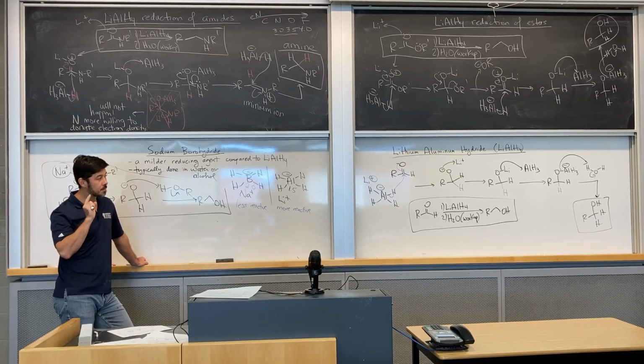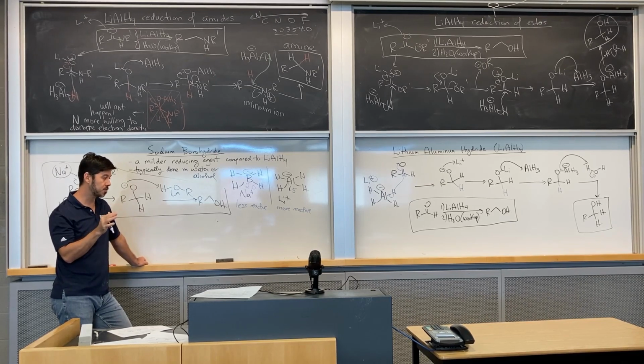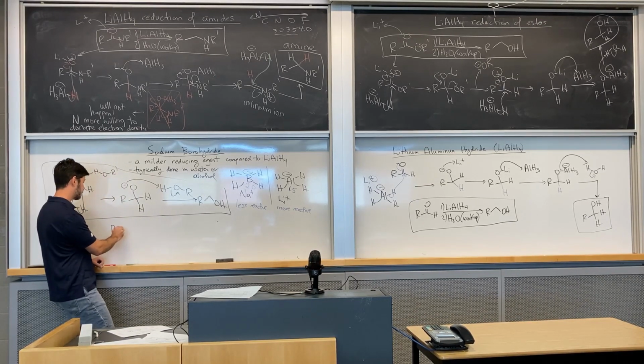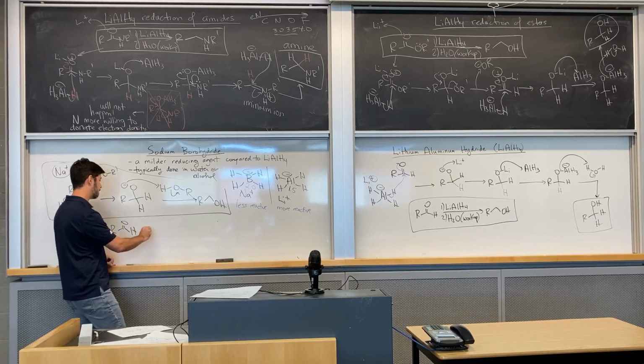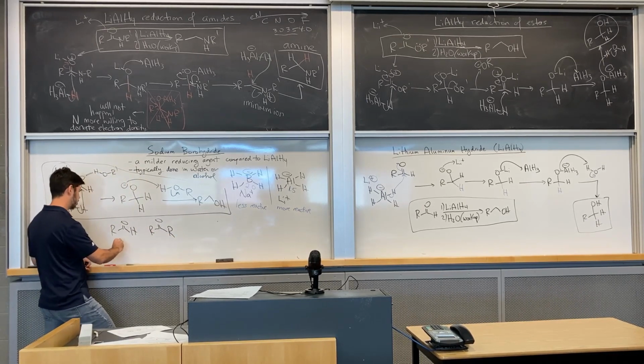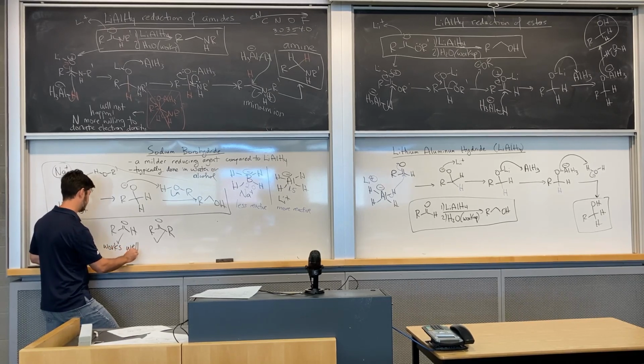But where sodium borohydride distinguishes reactivity between different carbonyl groups is at that ester functionality. So here's your aldehyde, here's your ketone. I'll just put a little check here. It works well, reduces well for both of these.